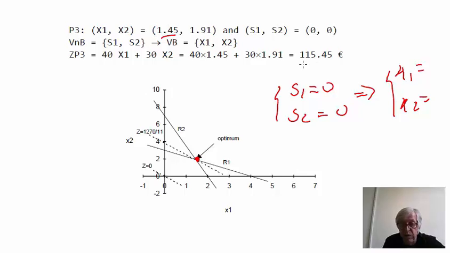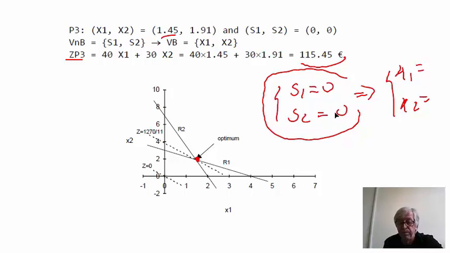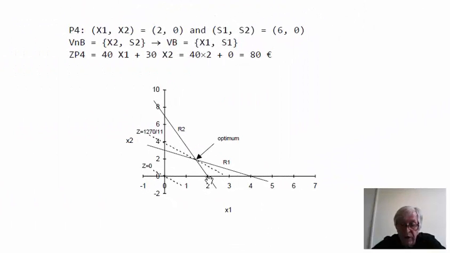With these values, we can also evaluate the objective function at this point, which is 115 euros and 45 cents. Now, this is also a basic solution because it can be obtained from the system of equations by setting these variables equal to 0. And now we are going to check this point here, which is the last one.